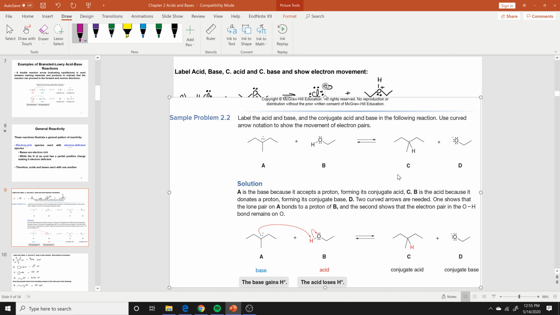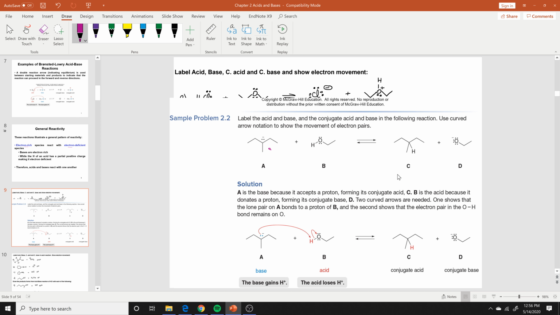In this example, you need to label the acid, the base, the conjugate acid, and the conjugate base. Your base in this case is the one that has the negative charge. I know that this oxygen here is a basic site, but I cannot have two bases reacting with each other. And between a neutral base and a negative charge base, the negative charge bases are the strongest.